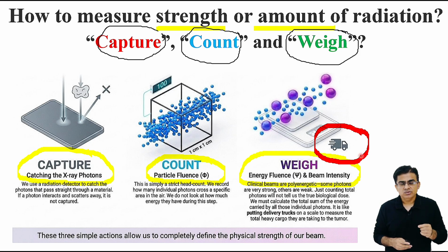Counting the photons is like standing at a toll booth and just counting how many cars cross the toll booth. Weighing the photons is different. It is like counting the total number of passengers in those cars.